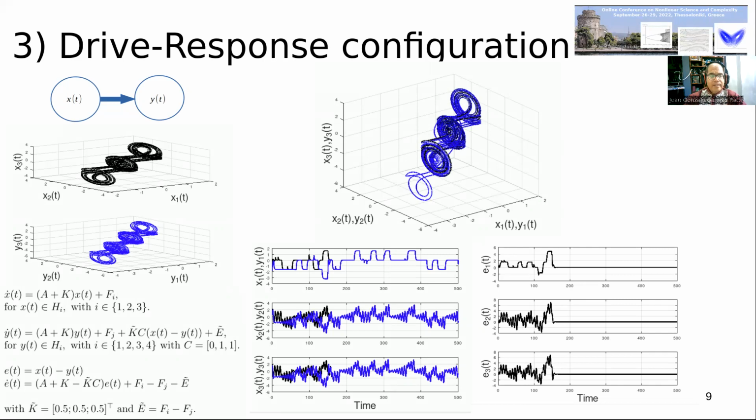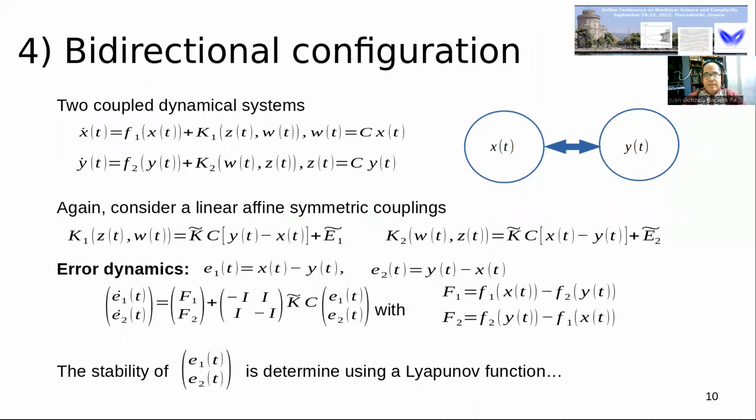A remark that I need to make about the type of coupling here is that the coupling is fixed. So it doesn't switch with different locations on the state space. This is possible because the generating dynamics matrices A plus K are identical, even though the F's are different, right? Simply it forgets the last scroll once it's synchronized. For the bidirectional coupling, the problem becomes a little more complex because both systems are changing.